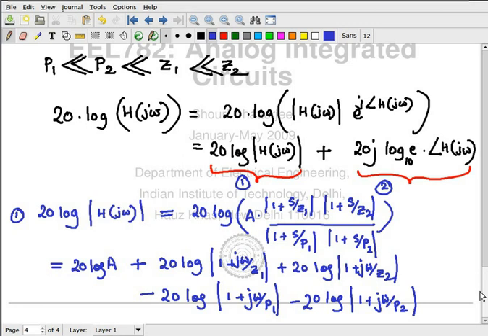So what I've got over here is minus 20 log of omega by P1. Okay? And suppose we double omega. How much does this factor increase by?